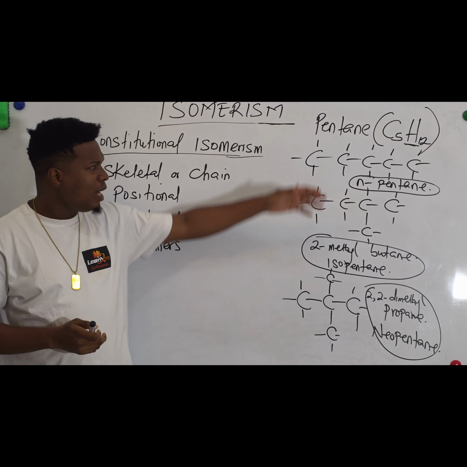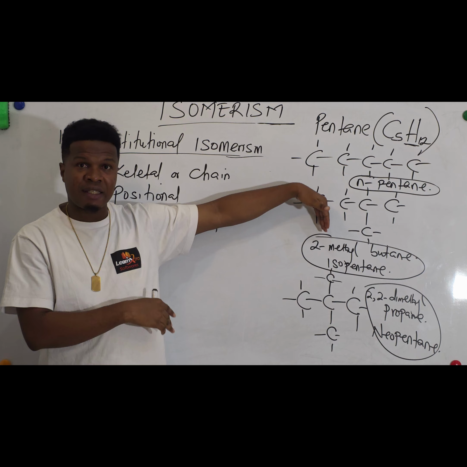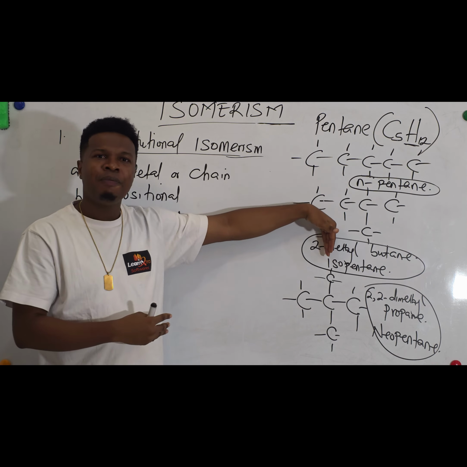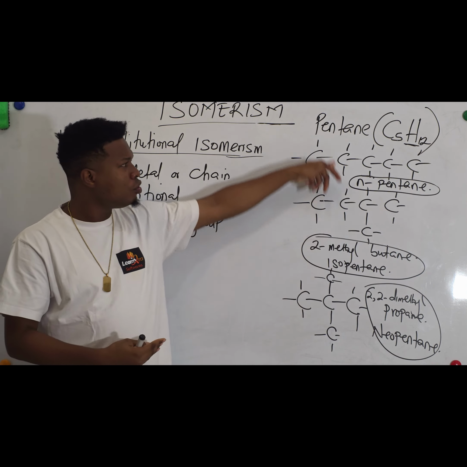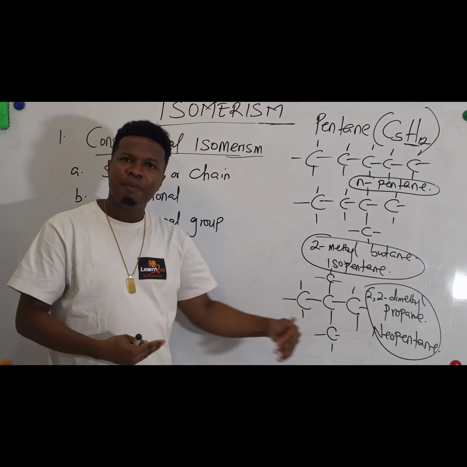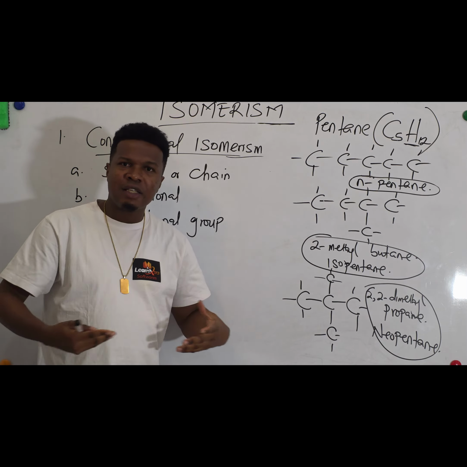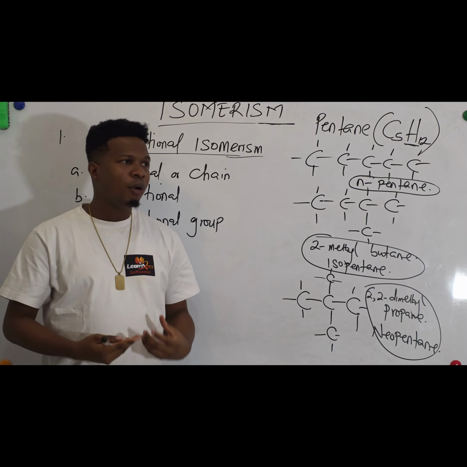So when we learn about this branching, you notice that it has an effect. The more the branching, the lower the boiling point. As you move from pentane to isopentane to neopentane, the boiling point decreases because branching increases the surface area and lowers the boiling point.